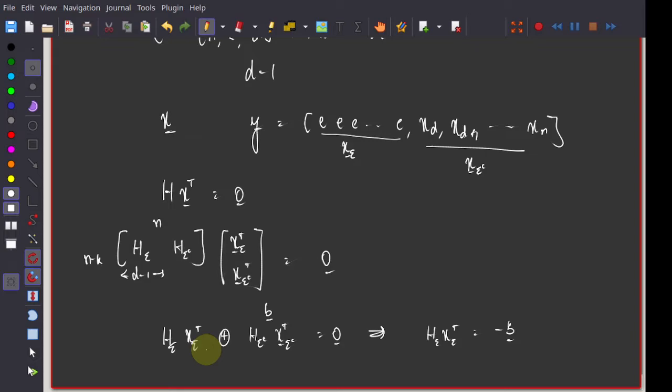I know, but why is it that this system of linear equations has a unique solution? If I have multiple solutions, then I can't recover x exactly, right? But the claim is that as long as there are at most d minus 1 erasures, I can solve the system of linear equations uniquely. And why is that true? What property do you know about the parity check matrix? In terms of the minimum distance?